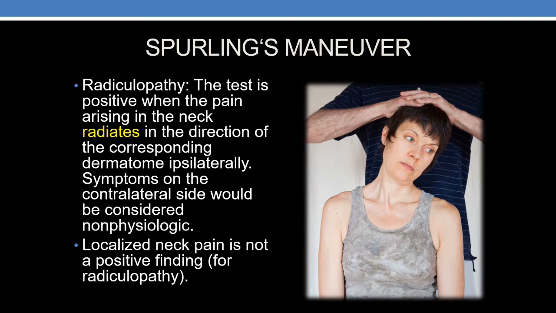Now, for radiculopathy, the test is positive when the pain arising in the neck radiates in the direction of the corresponding dermatome ipsilaterally. Okay, so there's two components to a positive finding. Number one, neck pain, and that makes sense that if there's an intervertebral disc lesion, a disc bulge, a disc prolapse, nerve root compression, that's going to cause localized pain as pressure on those inflamed and injured structures is increased.